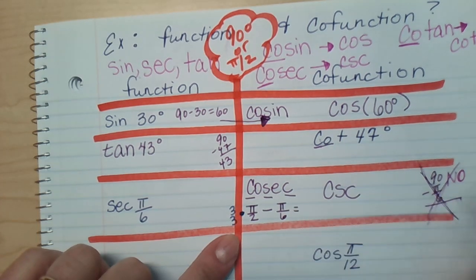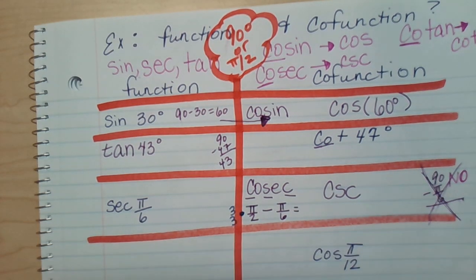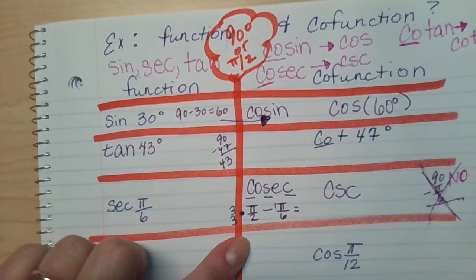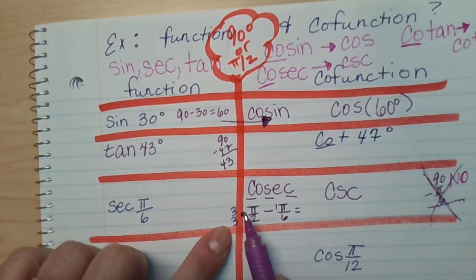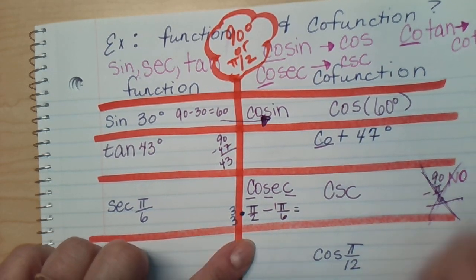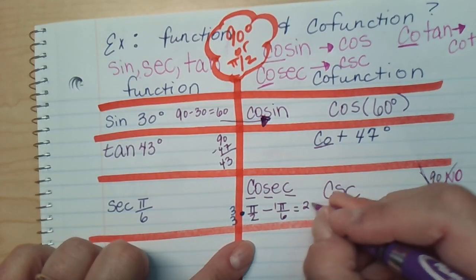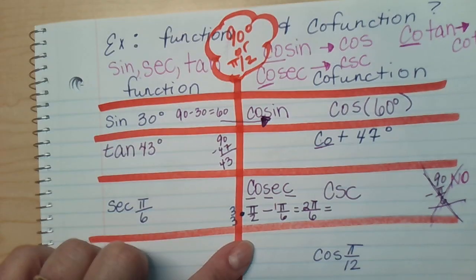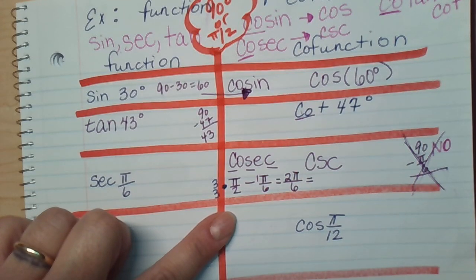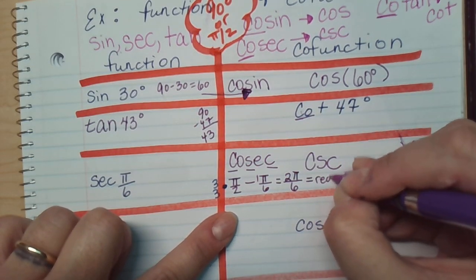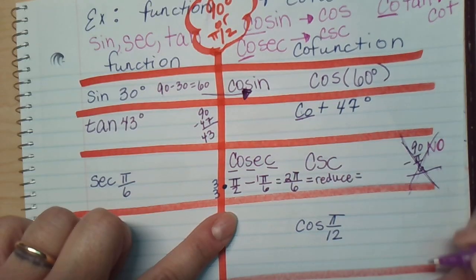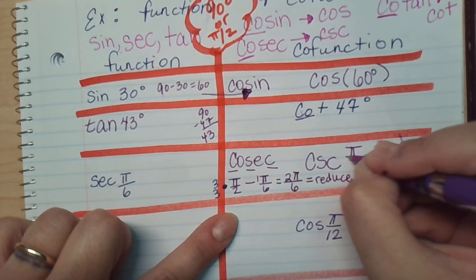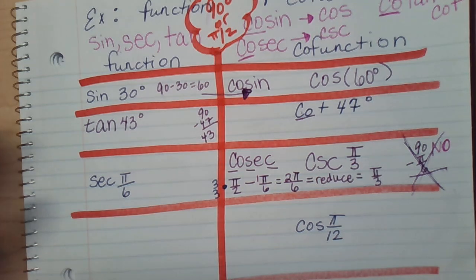So this becomes 3 pi over 6 minus 1 pi over 6. 3 minus 1 is 2 pi over always that 6. And then I'm pretty sure you can reduce that. You can divide by 2, so it just gets you pi over 3. Hey-oh, that's our cofunction. CSC pi over 3.